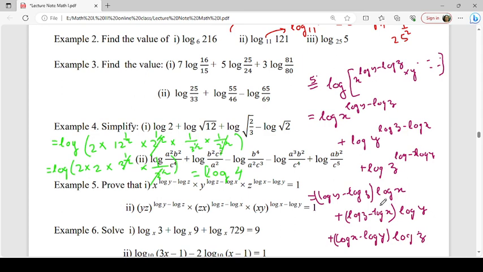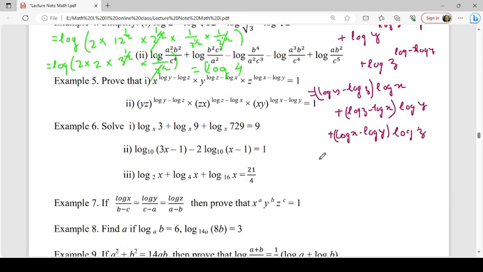And after multiplication, we will have log x into log y minus log z into log x. So log x into log y, here is minus log x into log y, so this will be 0. So the answer simplifies to 0, and this 0 we can write as log of 1.